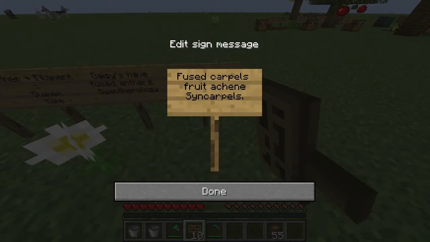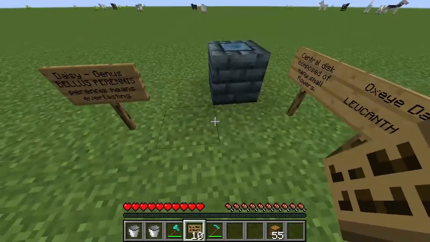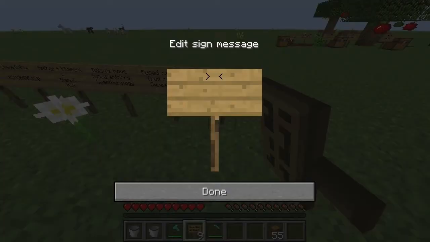And we could also put this particular one. The Oxeye Daisy has 13 to 30 ray florets. That's the amount of sticks sticking out of it at the side.